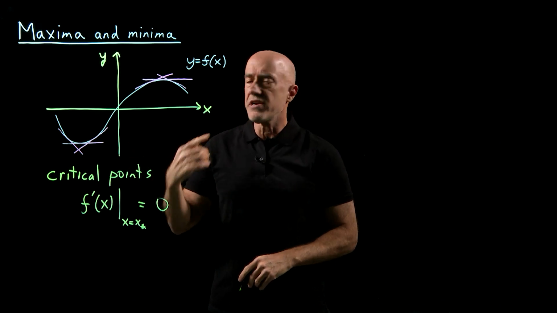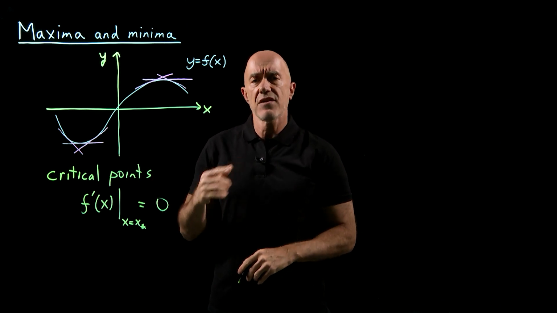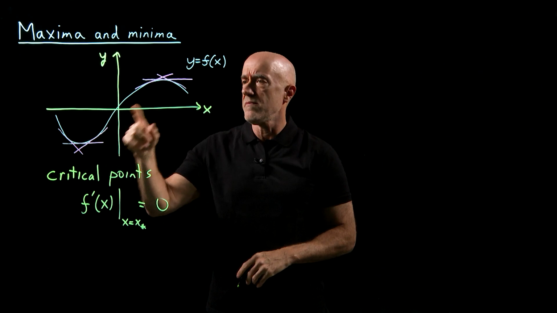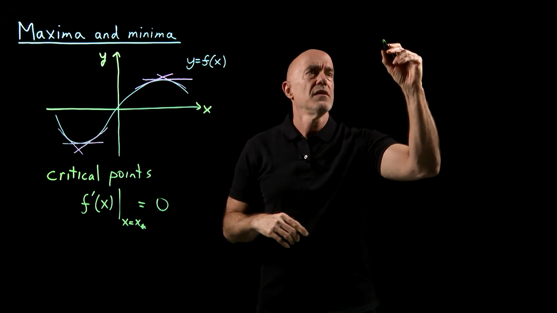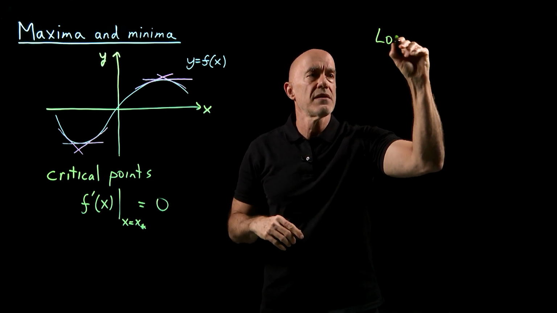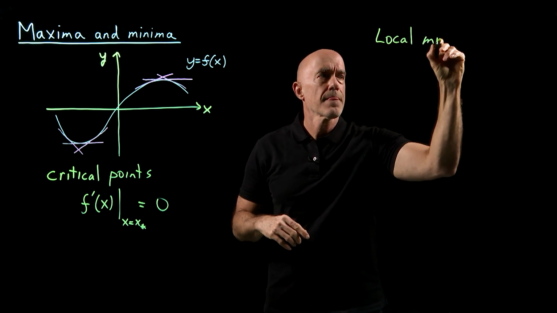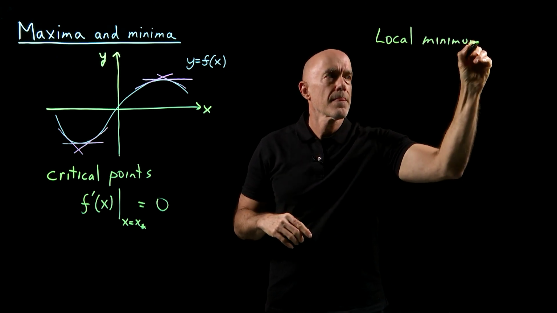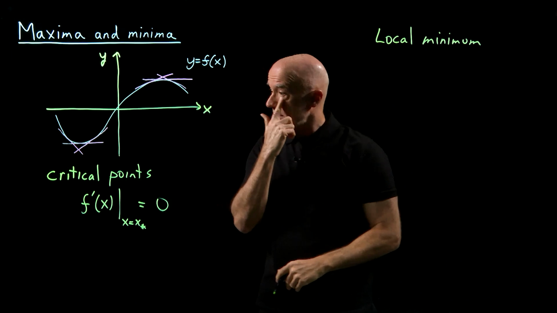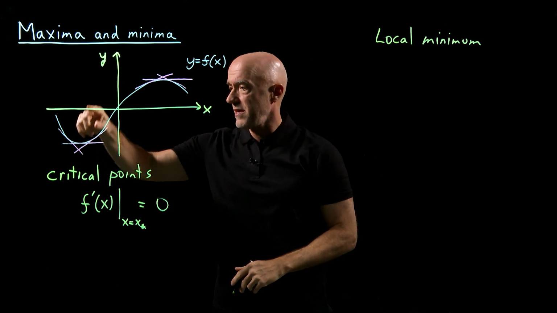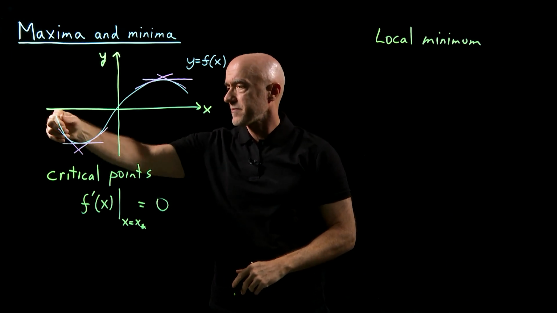So if we have a critical point of a function, then how do we know whether it's a local minimum or a local maximum? So let's first look at the local minimum. What happens near the critical point?